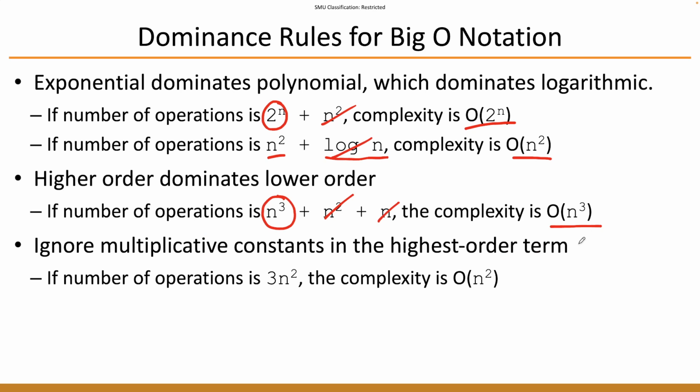Another principle when we write down big O notation is to ignore or drop the constant term. For example, when we write 3n squared in the format of big O notation, this 3, which is a constant, is not important. We want to simplify the writing of big O notation as much as we can, so we will simplify it to only big O n squared.